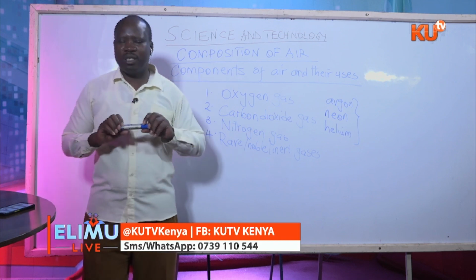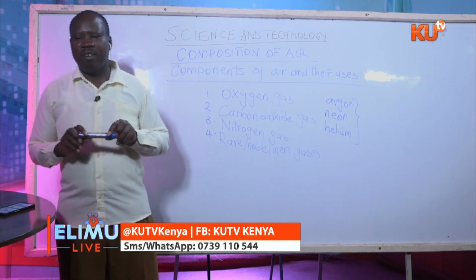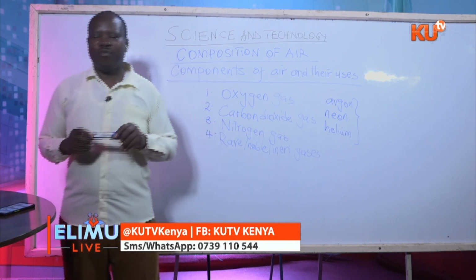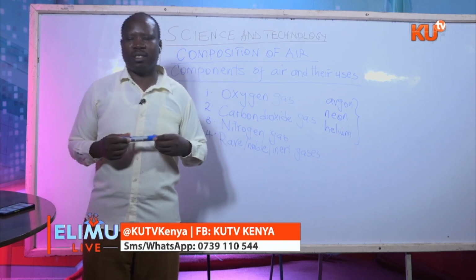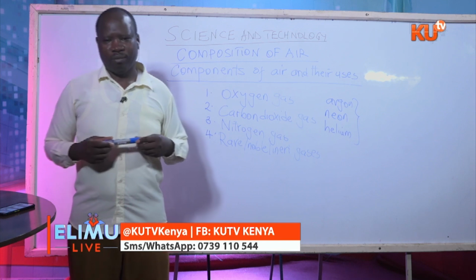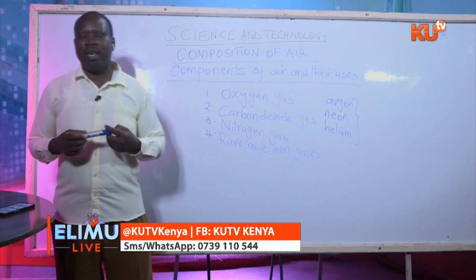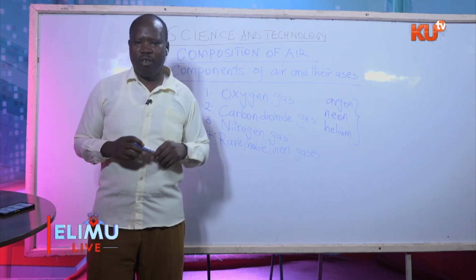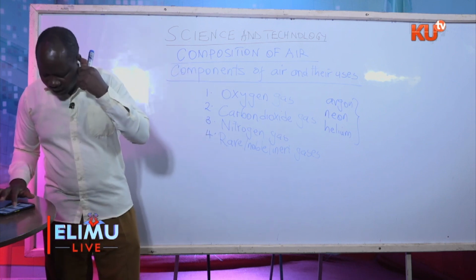Therefore, nitrogen is also used to make fertilizers called nitrogenous fertilizers. And these fertilizers help the plants to grow well, and after growing well, they provide proteins. Therefore, nitrogen is used to make fertilizers.